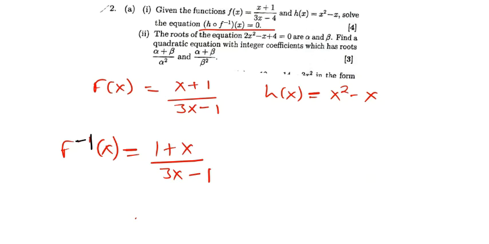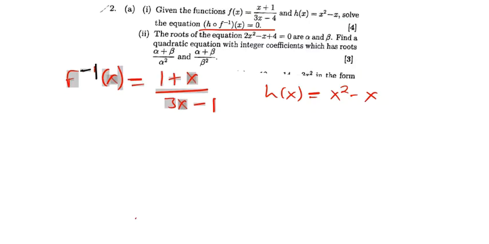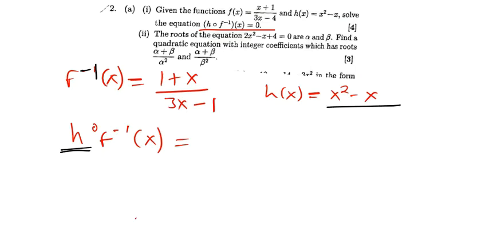So we found our inverse function, which is the function of our interest for the first part. I'm sure they can give you a mark for that. Now they want you to find h of f inverse of x. So the first part is a function, which is h of x, that is x squared minus x.